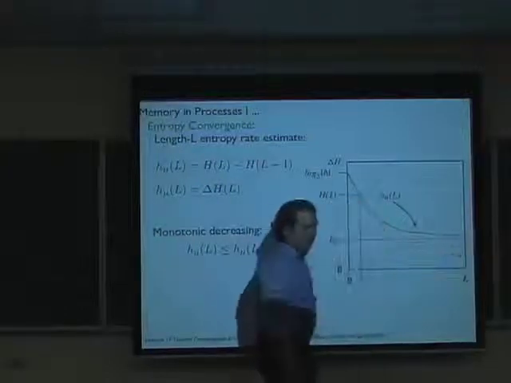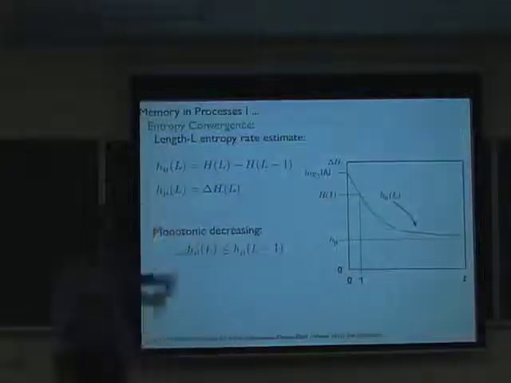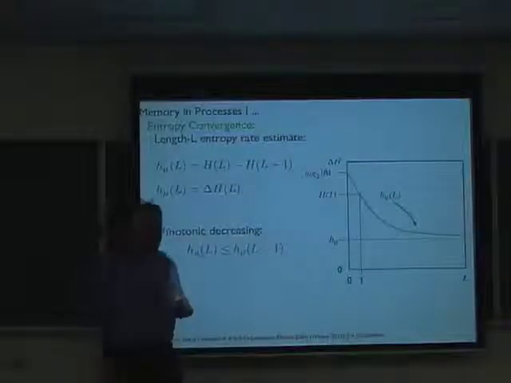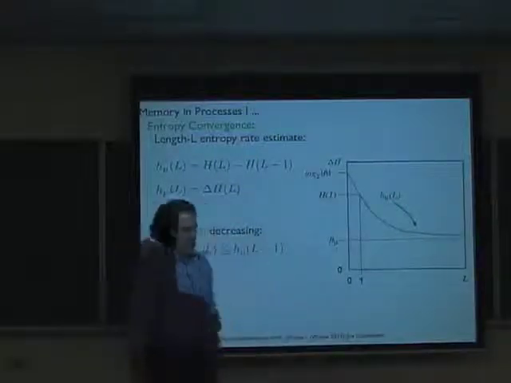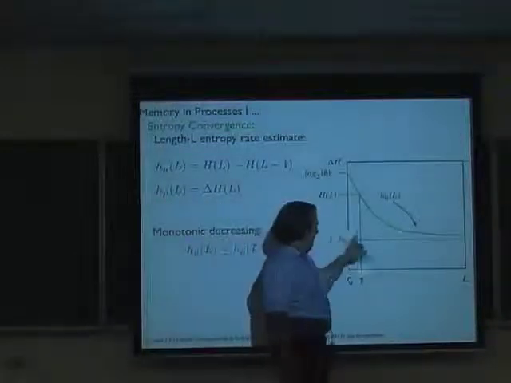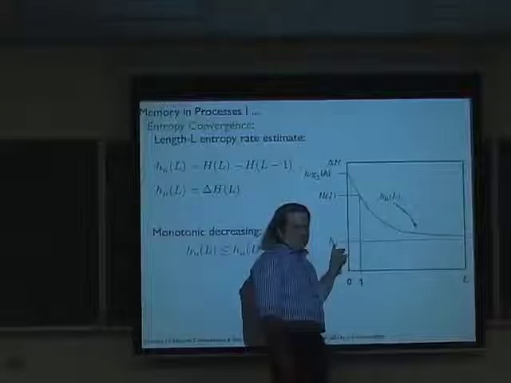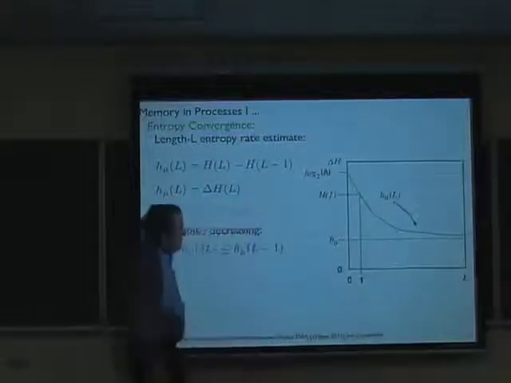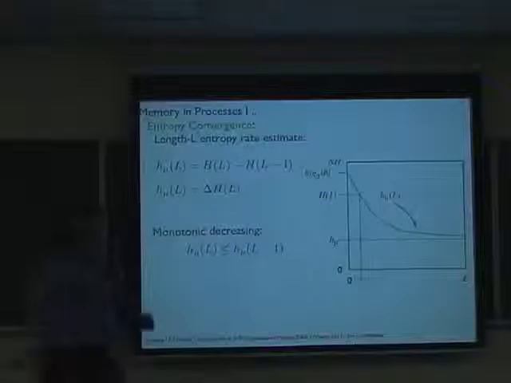In fact, you can show, we talked about it last time, that this 2-point slope is monotone decreasing. There could be flat parts, but it's monotone decreasing. So it converges from above to the actual entropy rate.